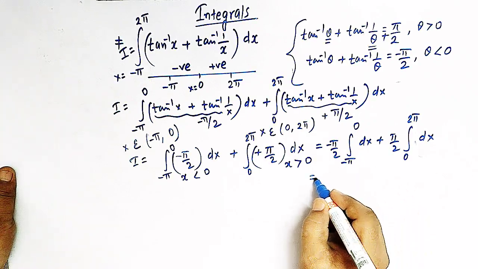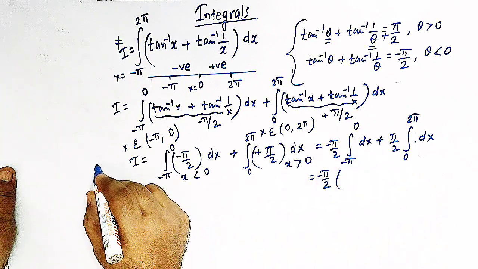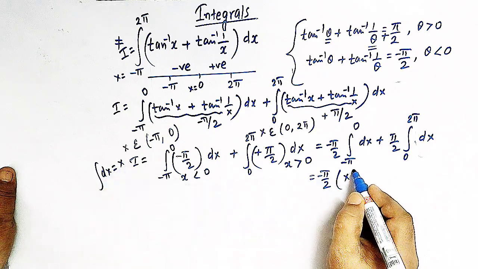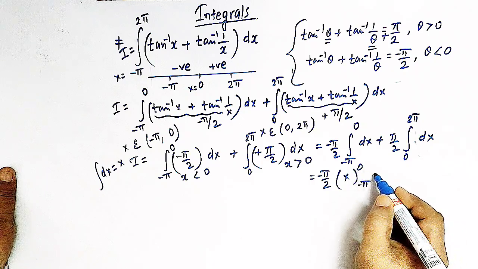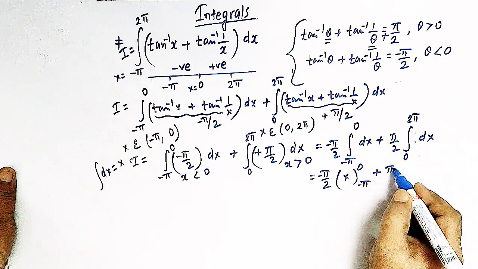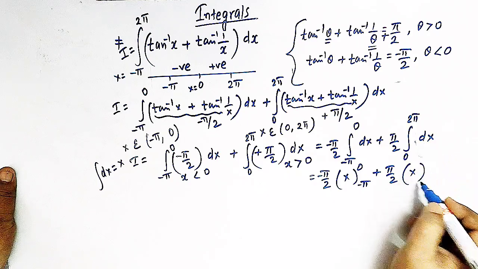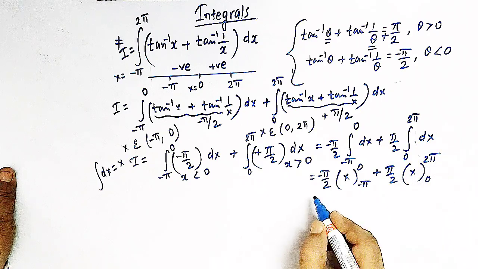So now we have minus pi by 2 and integral dx is simply x, and here we have x and limits of integration are from minus pi to 0, and here we have pi by 2 and integral dx is simply x and limits of integration are from 0 to 2 pi.